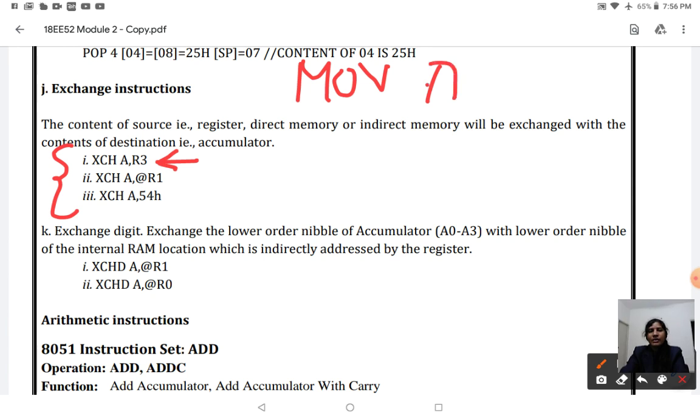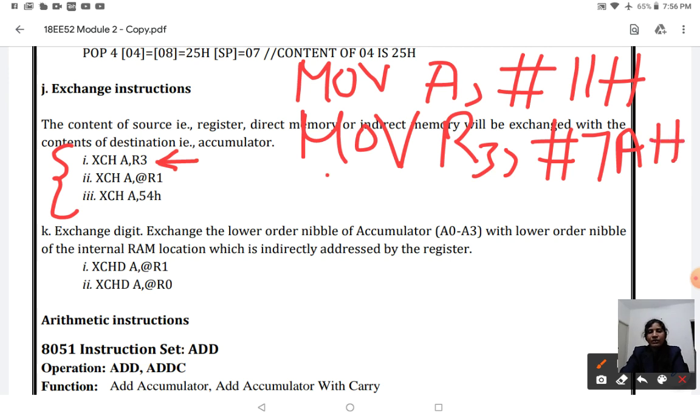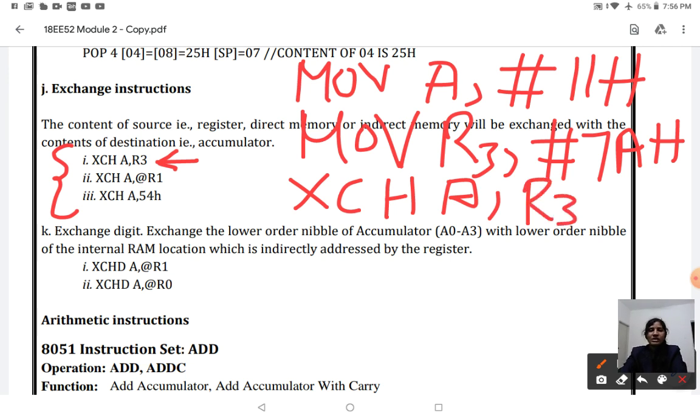MOV A, #11H. This is the data. Next one, MOV R3, #7AH. Now if I give XCH A, R3, when the first instruction is executed, the content of the accumulator is going to be 11H.